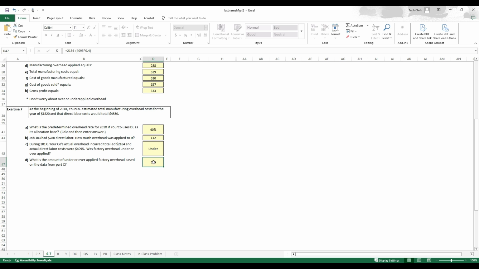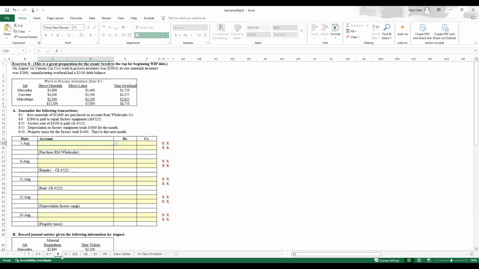Then we end up with this number that tells us that it's under or over. This is how I would do this problem. I had to figure this out first before knowing that. So just FYI, I did it off in a separate Excel.